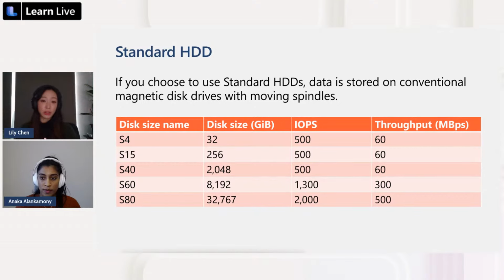As with standard SSDs, you can use standard HDDs with any Azure VM. This table illustrates the performance characteristics of the standard HDDs in several sizes. So standard HDDs are really great if you want to minimize costs for less critical workloads and for using them in development or test environments.